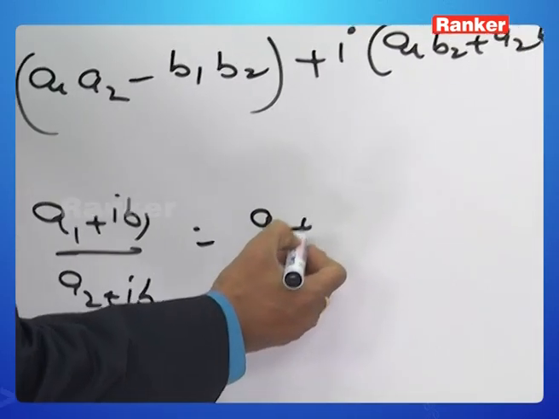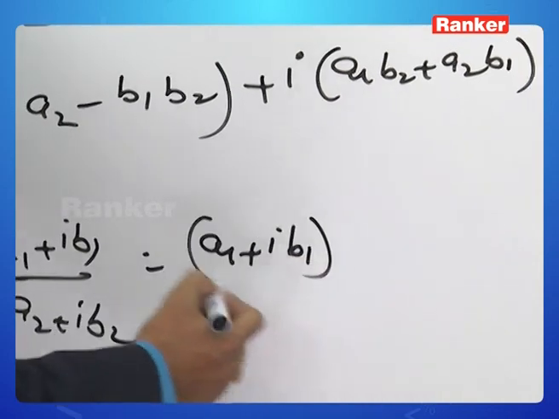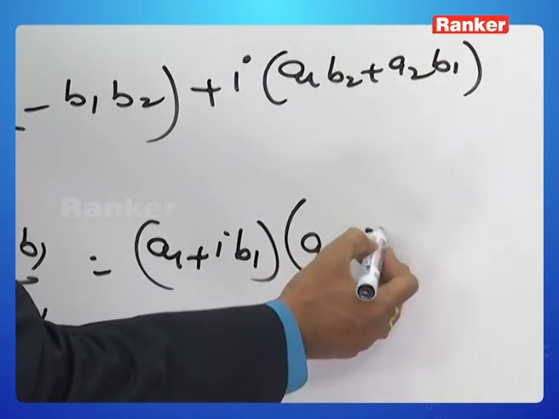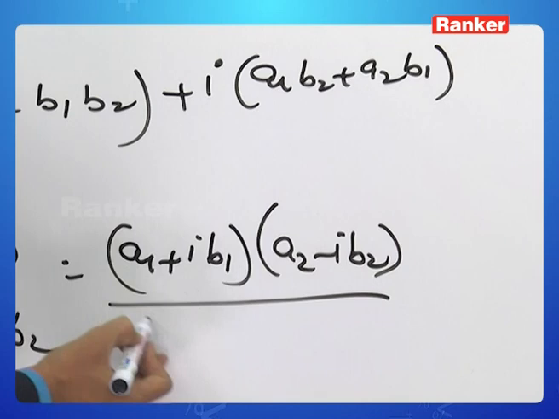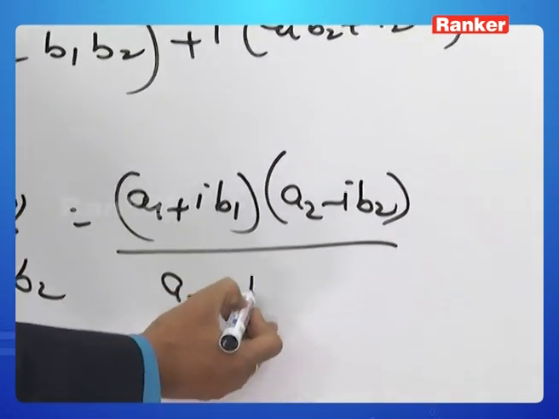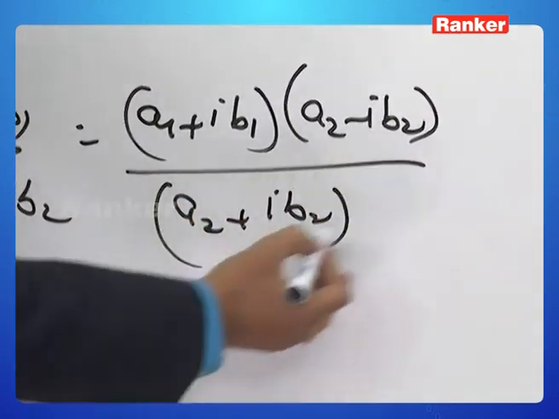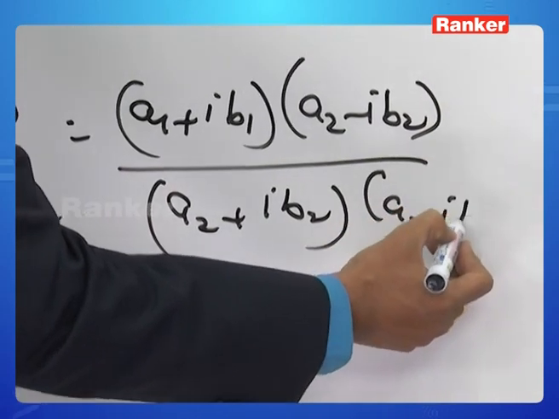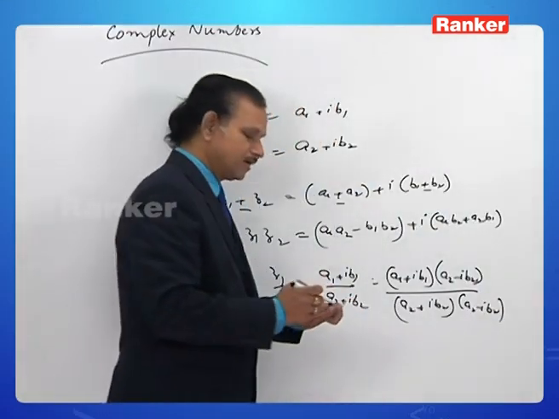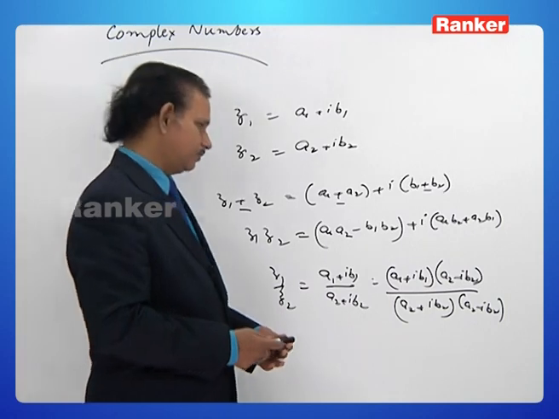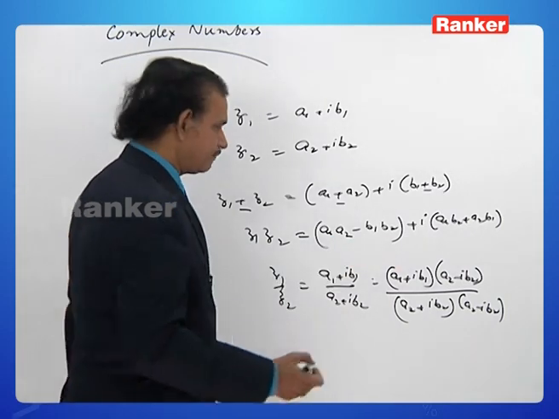This is A1 plus IB1 into A2 minus IB2 by A2 plus IB2 into A2 minus IB2.